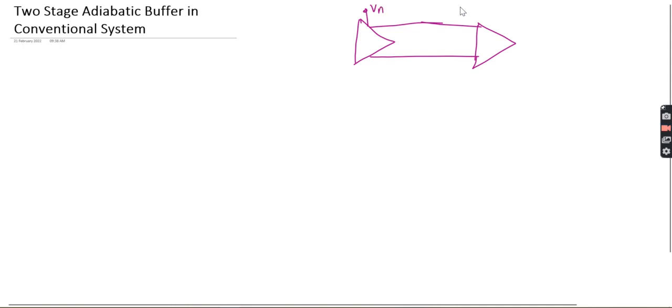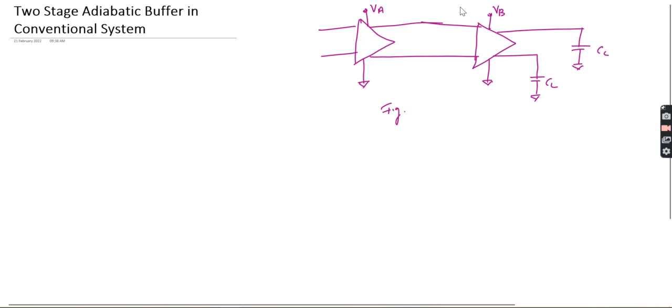This will be first VA, then ground, then this is VB, ground. Here we have a capacitance, that is CL, and here also we have the capacitance CL. This figure is the cascade adiabatic amplifier.